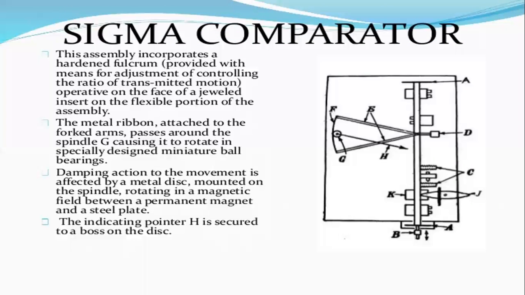This assembly incorporates a hardened fulcrum, which is provided for the adjustment and controlling of the ratios, that is for transmitting motion. And the fulcrum is fixed there, which operates on the face of a jeweled insert.